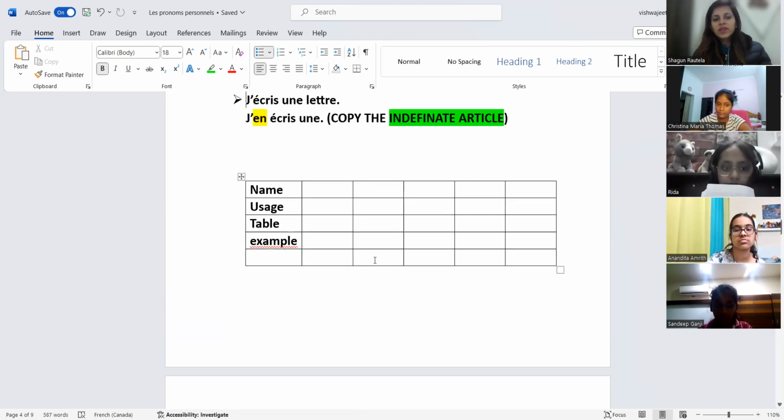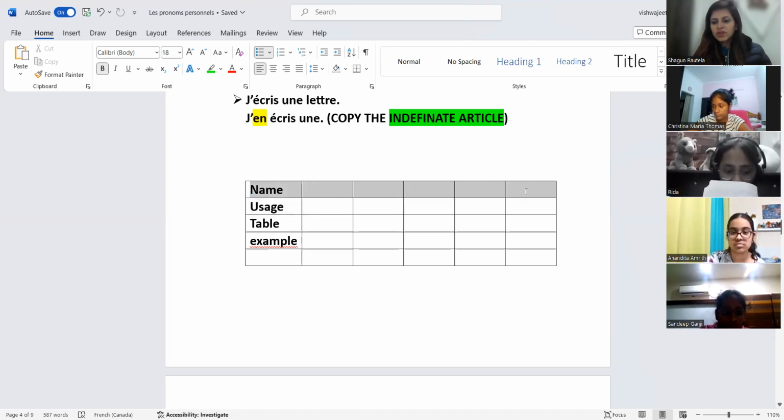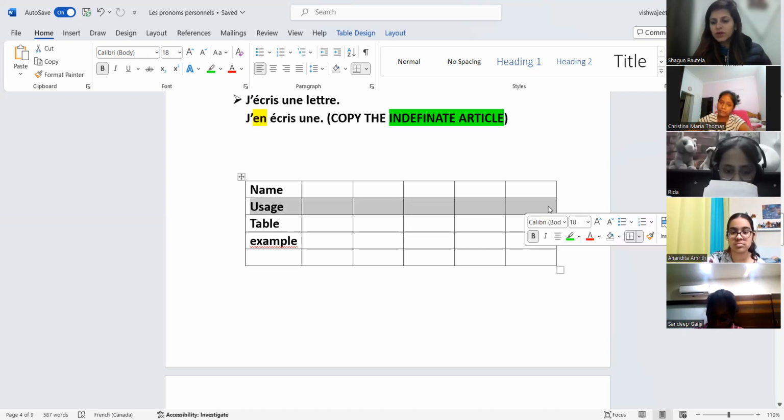Next, I told everybody to write all these notes in the form of a table. The first thing, you have to write the names of all the pronouns. The next thing, the usage of all the pronouns: which one is used for what, like place, thing, numbers and indefinite articles. In whichever category, please make sure that you're segregating it properly, pronoun-wise.